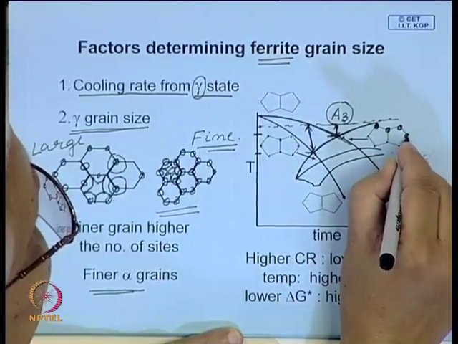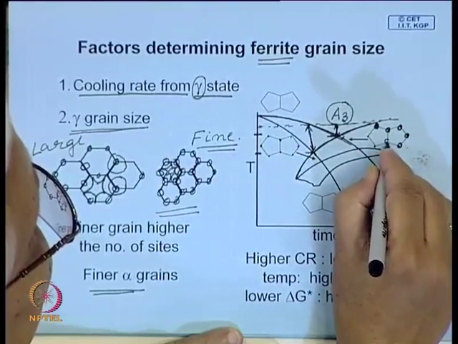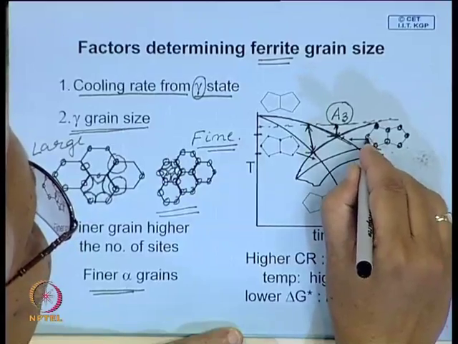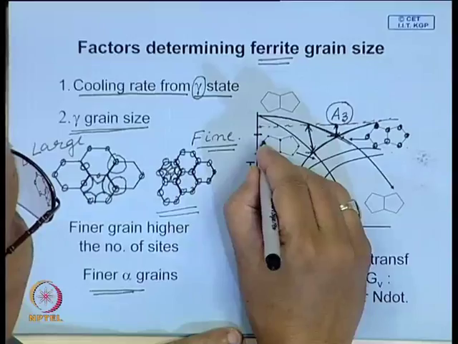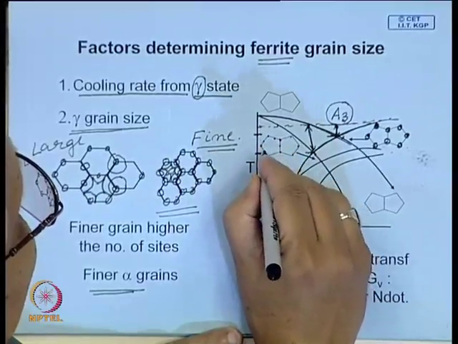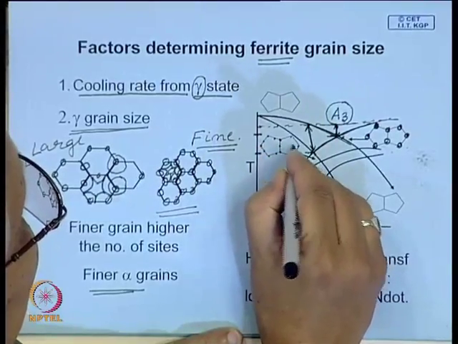So the nucleus which forms here will be larger to start with, and secondly here you will have more number of finer nuclei. So you may have some grains here.